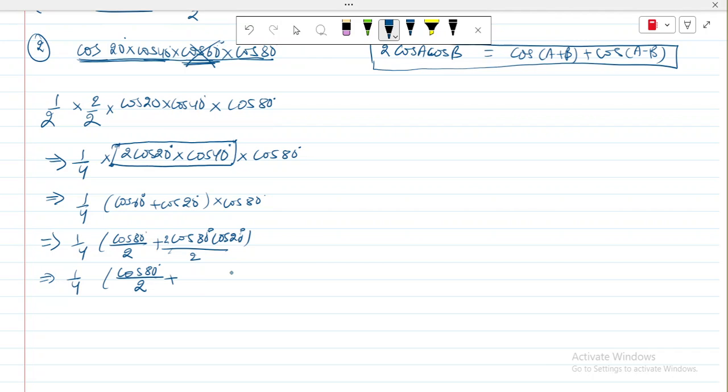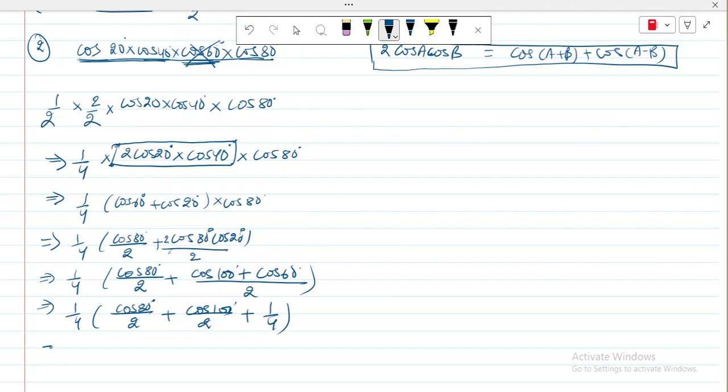So cos 60 you can write as half, and half into half is 1 by 4. Getting it? So you can take 1 by 2 common, so it becomes 1 by 8 into cos 80 plus cos 100 plus 1 by 4 multiplied by 1 by 4 will become 1 by 16. I think you are getting it, no?